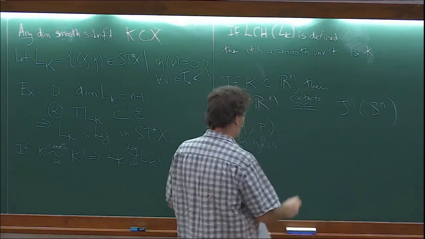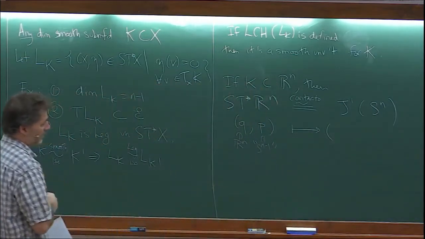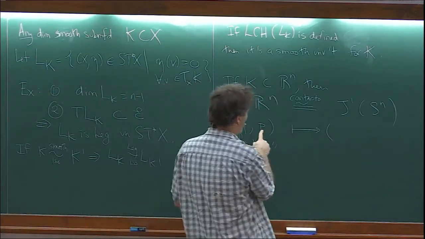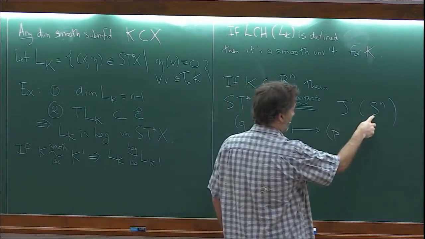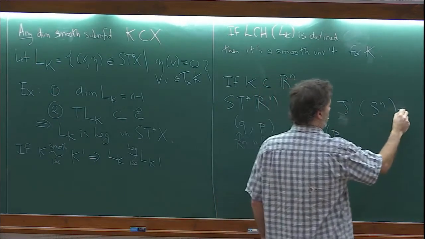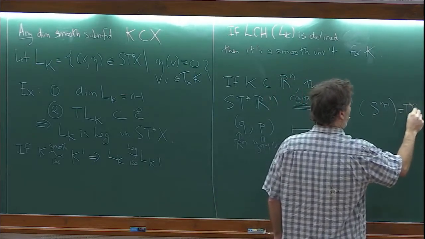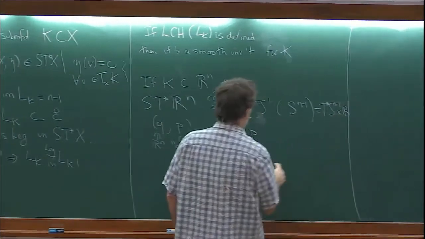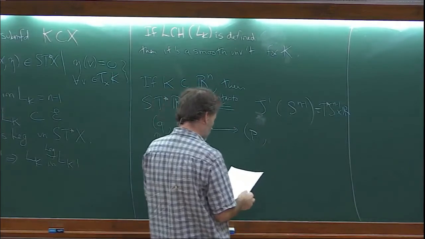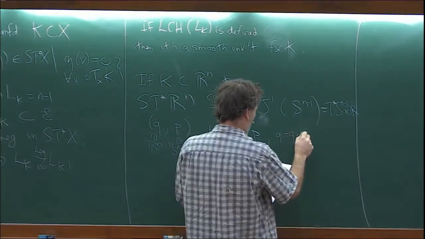And the map is, okay, you just send, so Somnath is doing this in 3 dimensions, so I'll just write it down again, but also emphasize it could be done in n dimensions. You send this guy to your S^n, so remember the one-jet space of S^(n-1) is the cotangent bundle of S^(n-1) cross R. So this is going to go to the base coordinate. The next one is Q minus Q dot P.